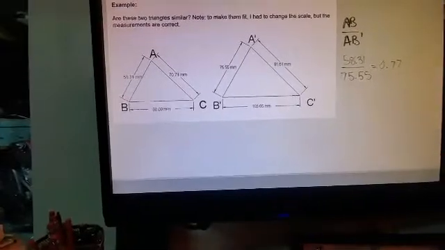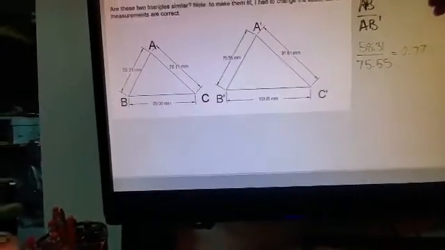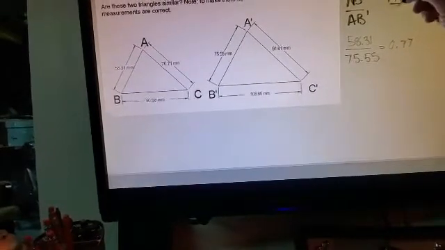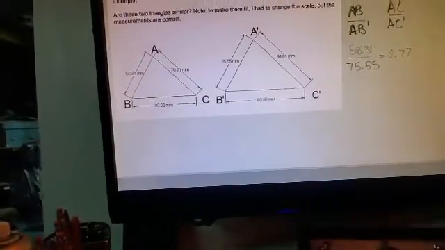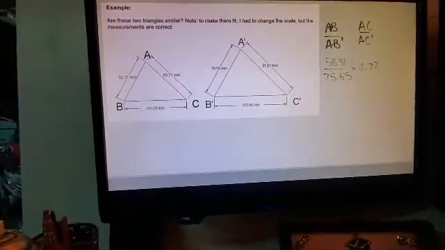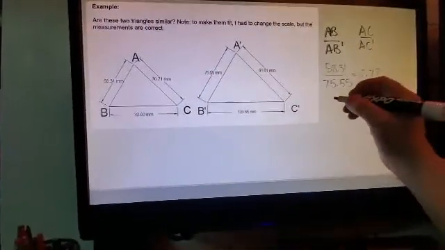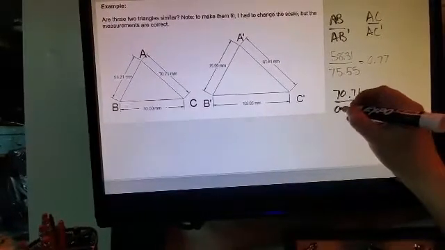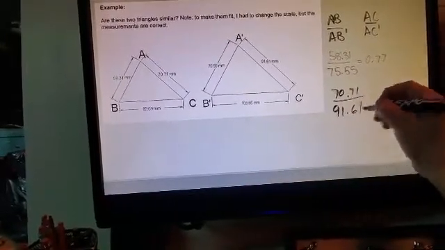Now let's look at AC and A'C'. So here, that's going to be 70.71 to 91.61.